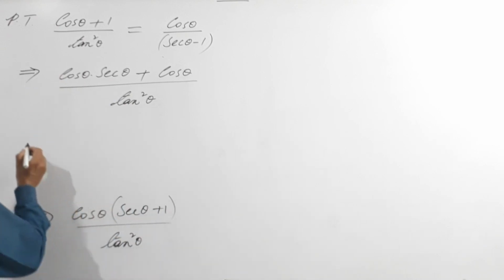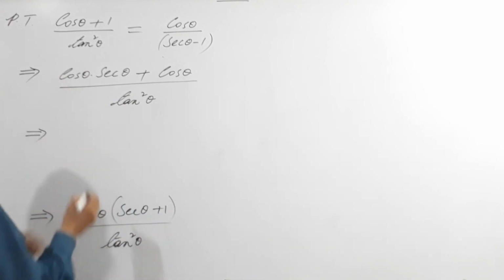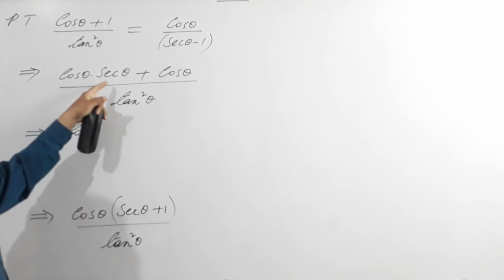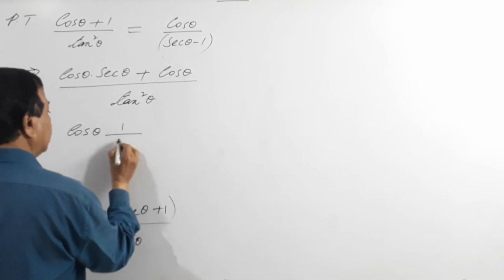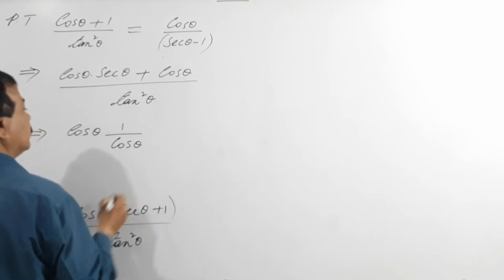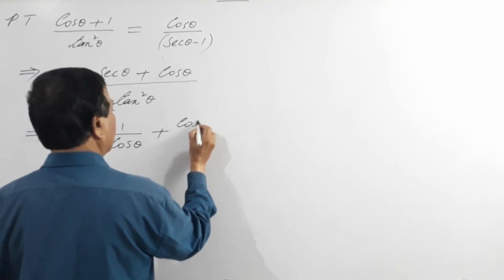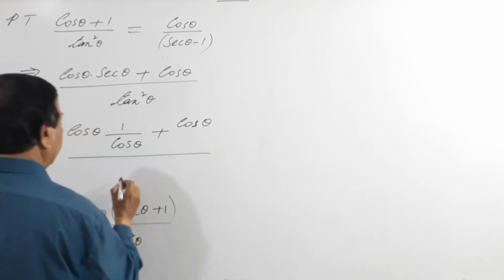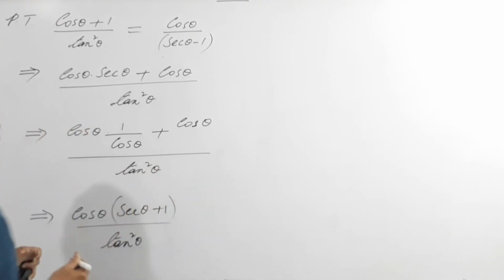So what do I do in the next step? Cos theta into, what is secant theta? Secant theta is 1 by cos, that is the reciprocal, so cos theta into secant theta is 1. So it is 1 plus cos theta divided by tan square theta.